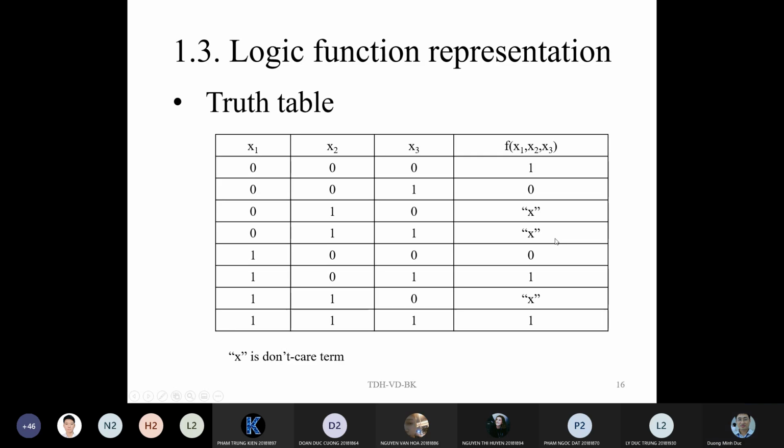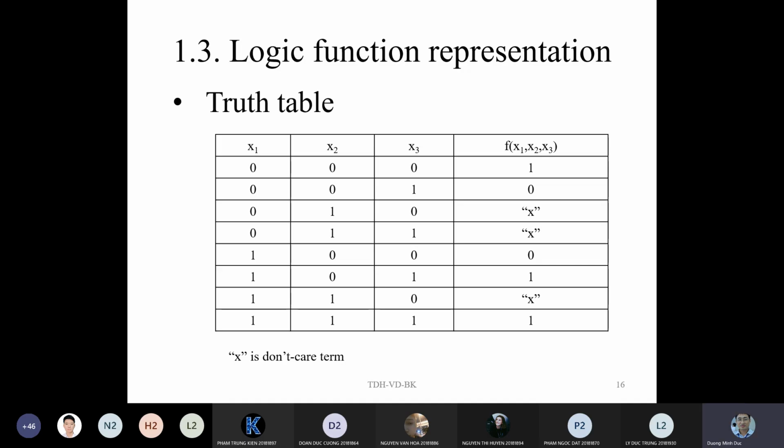Normally for each combination there will be one value, 1 or 0, but here you can see there is another symbol in the result of the function, x, here, here, and here. So why is it x? X is called a don't care term.